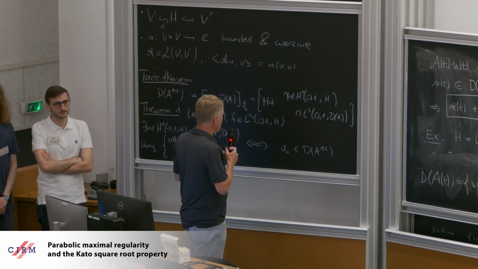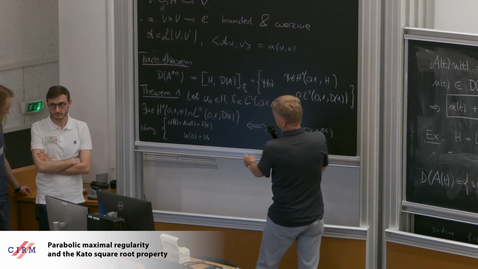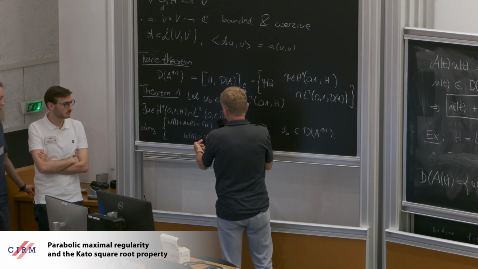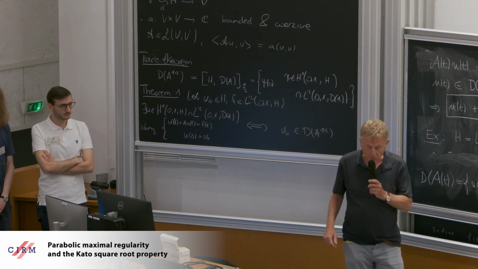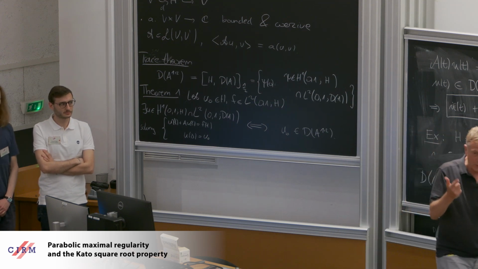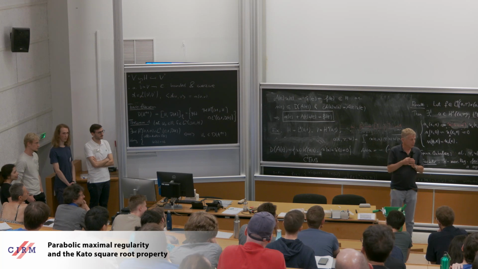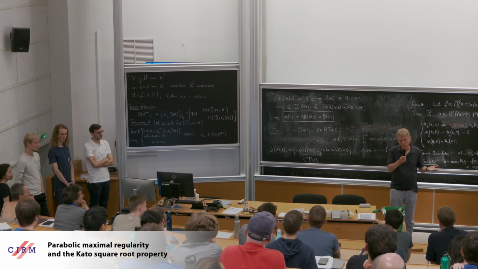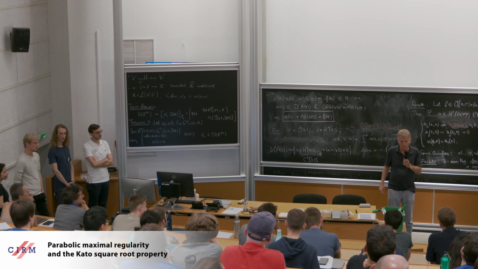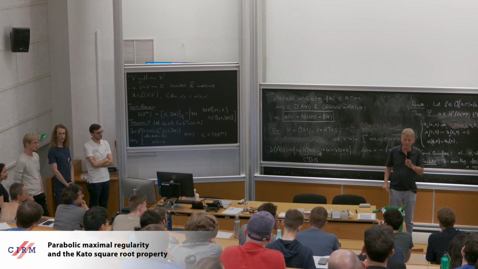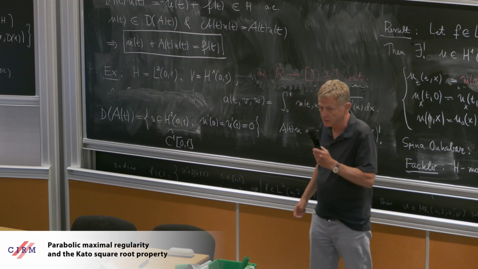So the solution is in H1 of H if and only if this u0 is in the domain of the square root. But the domain of the square root, for all examples, we don't know. You can say the solution of the Kato problem is to get to know the domain of the square root. It is V, this is the whole business. Otherwise the domain of the square root is a miracle.